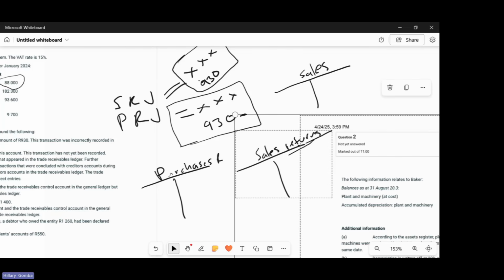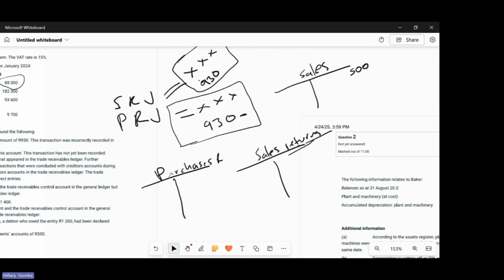Our sales, since it's an income, on the credit side of sales, will record 500 Rand, because income increases on the credit side and decreases on the debit. But then when we sold these goods worth 500 Rand, the client decided to return 250. So on the debit side of sales, we need to record this 250 to subtract it, and then we need to record on the debit side of the sales returns journal, so that it goes hand in hand with how many sales returns we have. Does that make sense?